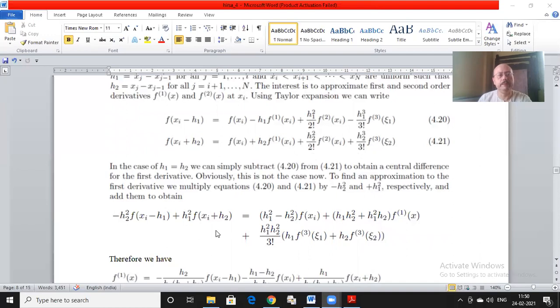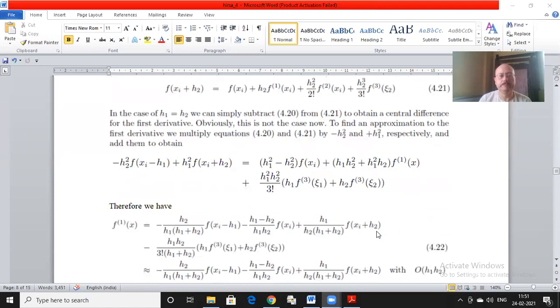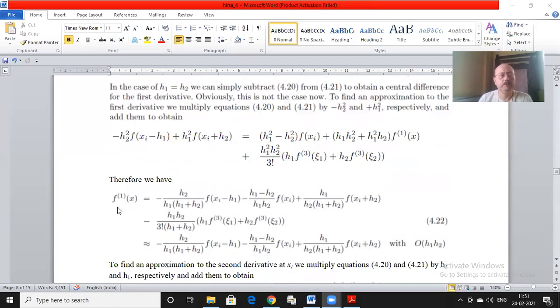If I now add them, the middle term gets eliminated. So now my equation involves the function value, the first derivative, and the third derivative, which obviously is our candidate for the error. Therefore, if I solve for f1, I will get this expression as in 4.22, which is obviously more complicated than the usual ones.